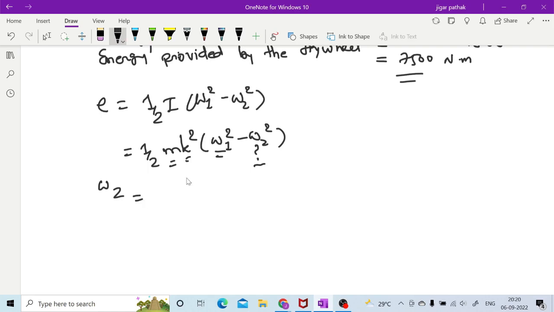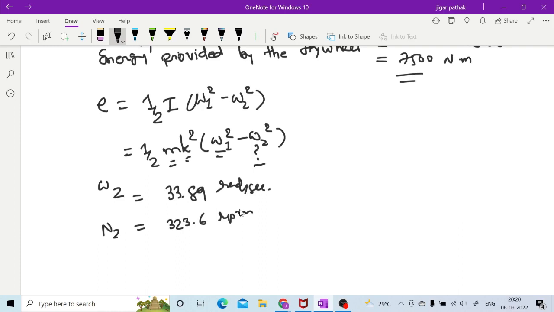Omega 2 is around 33.89 radian per second. From omega 2 you can have n2, which is around 323.6 rpm, correct?